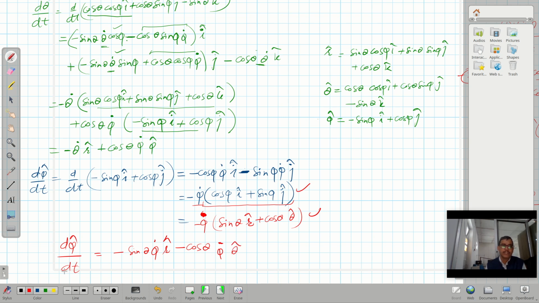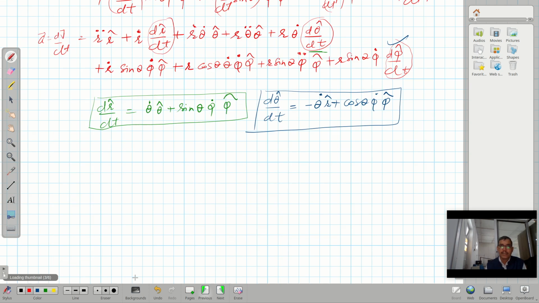So let us put this in the earlier one. Therefore d phi cap over dt is equal to minus sin theta phi dot r cap minus cos of theta phi dot theta cap.